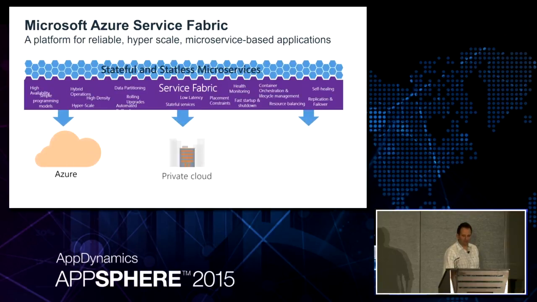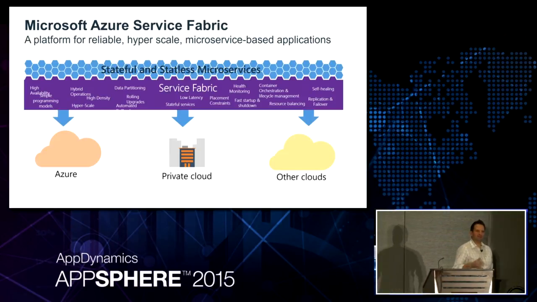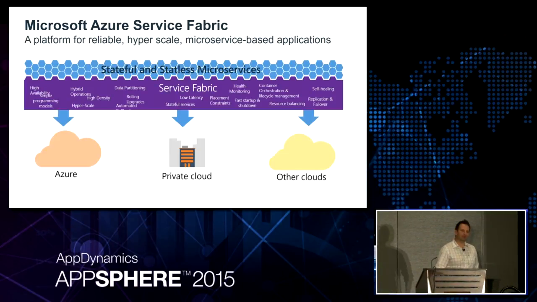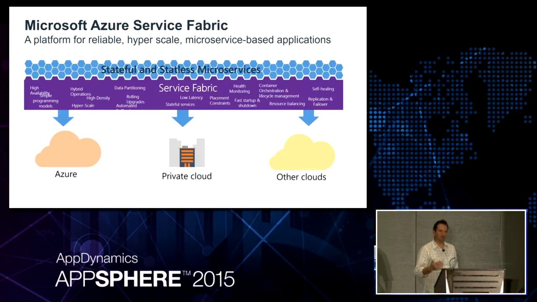So Azure Service Fabric is really a platform for reliable hyperscale microservice-based applications. At the very bottom it runs in Azure, obviously, and I mentioned that up front. It runs on a private cloud like Azure Stack or in any other cloud, because we give you not just a nice Azure service, but we also give you an installer.